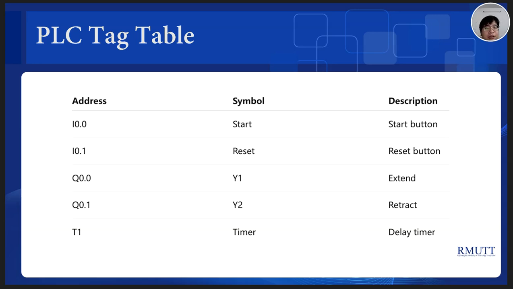In this project, we define the input, output, and timer addresses in the PLC tag table. For example, I0.0 is the start button, I0.1 is the reset button, Q0.0 controls piston extend, Q0.1 controls piston retract, and T1 is the timer.